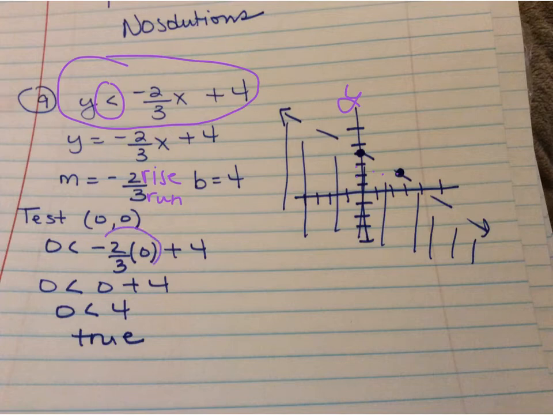So negative 2/3 times 0 is just going to be 0. And so my final statement says 0 is less than 4. Because 0 is less than 4, which is true, what that means is because 0, 0 is right here and it works, all these points on this side are going to work. So I shaded in the left side of the line.